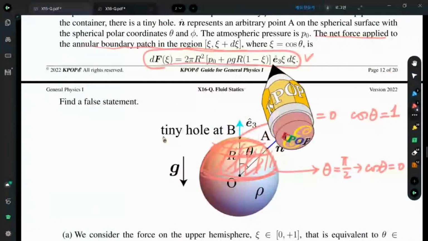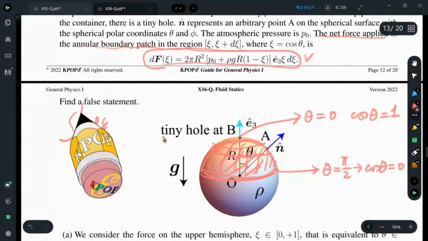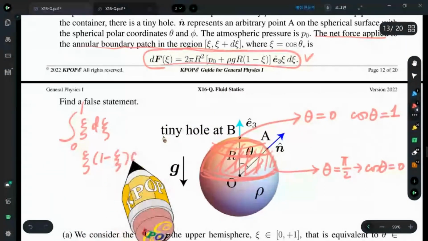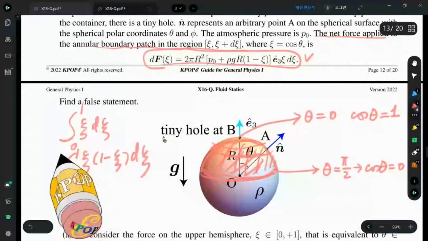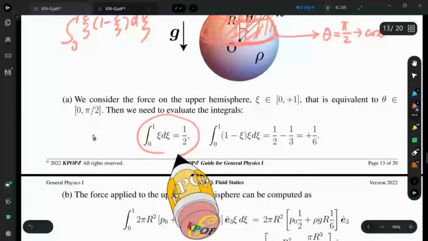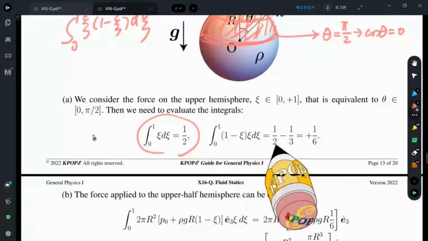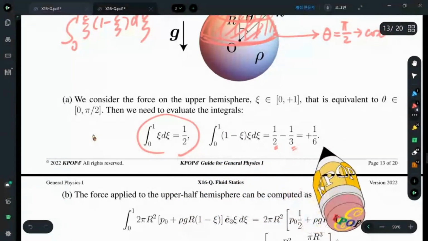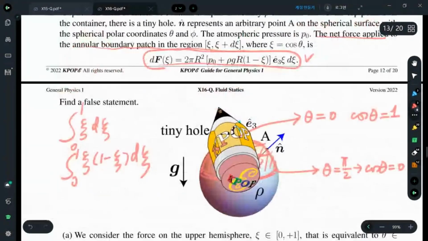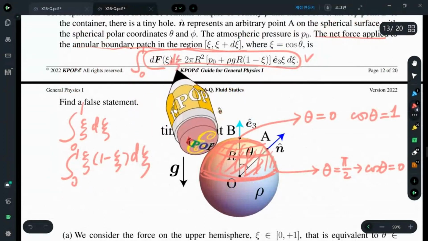What we need to evaluate is the xc integral from 0 to 1, and the other one, xc times 1 minus xc dx from 0 to 1. This integral is known, and we know this is 1/2, and this integral is the xc integral minus the xc squared integral. That is 1/2 minus 1/3, which is 1/6. Therefore, we apply this one as an integral from 0 to 1 of xc.